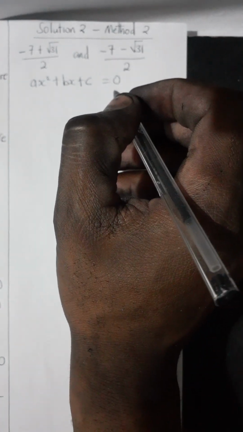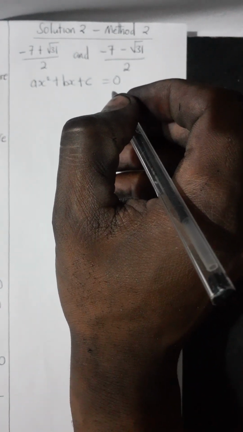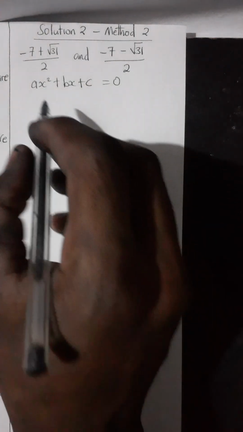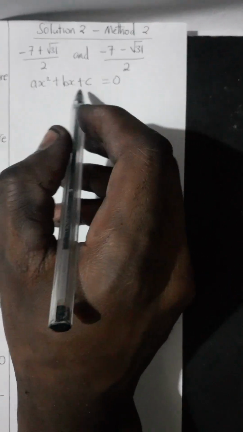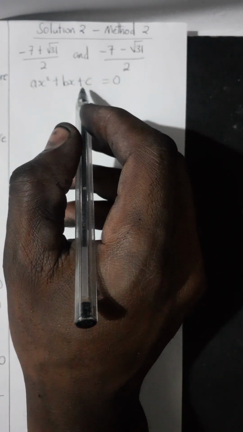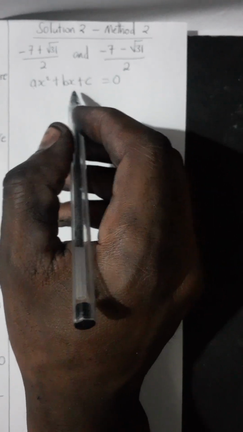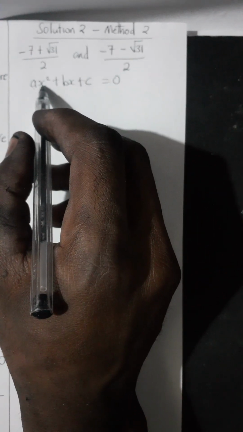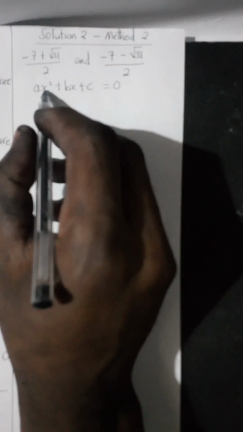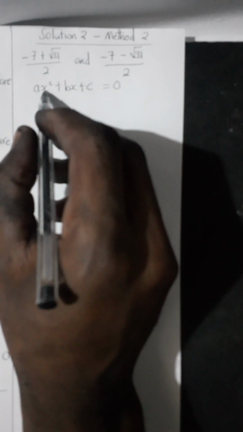This means that we have to get values like a, b, and c. But to use this method, we need to make sure that the coefficient of x squared is equal to 1.